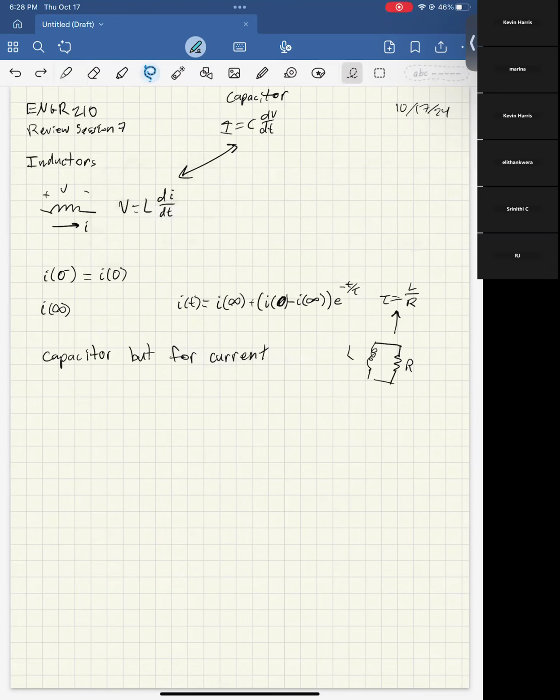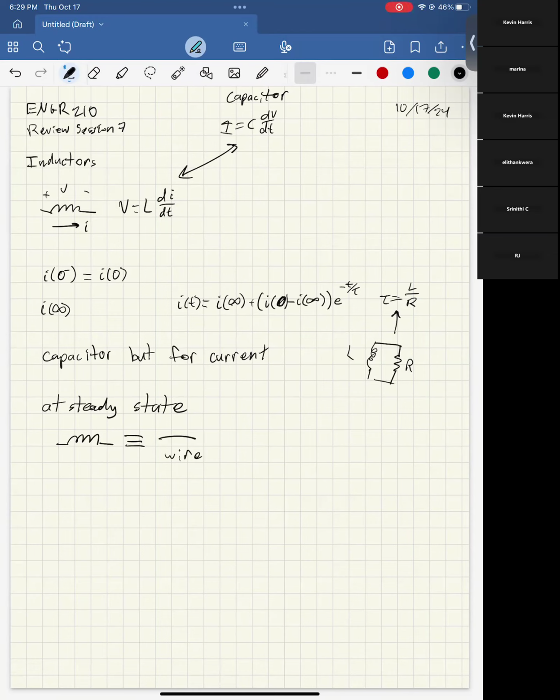Oh, wait, one very crucial thing I did not talk about with the inductors. Just like how an inductor is the opposite of a capacitor in many ways, it's also the opposite in terms of steady state behavior. At steady state, an inductor is the same as a wire.